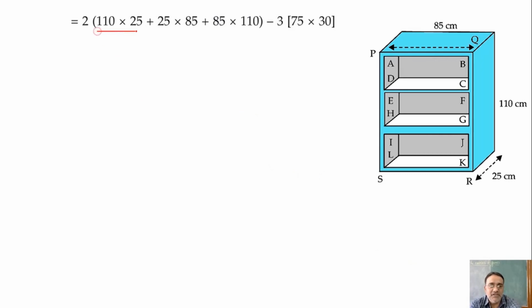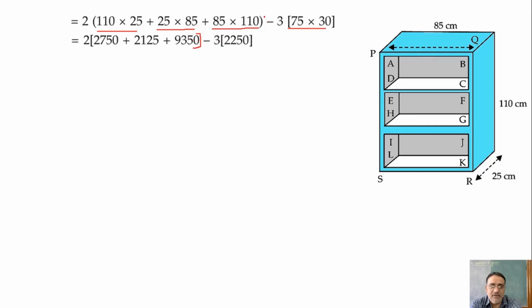See, 2750 आ रहा है. 25 into 85, 2125, and this is 110 into 85. 85 into 11, 935 होता है. So 9350 minus 3 into 2250. Okay. Now यहाँ पे bracket है.